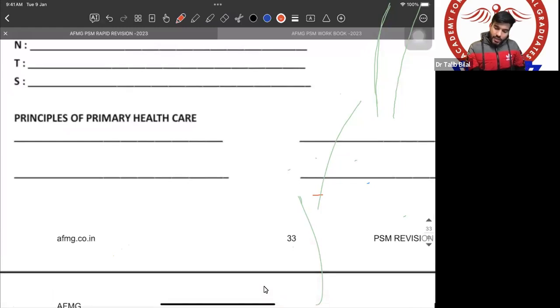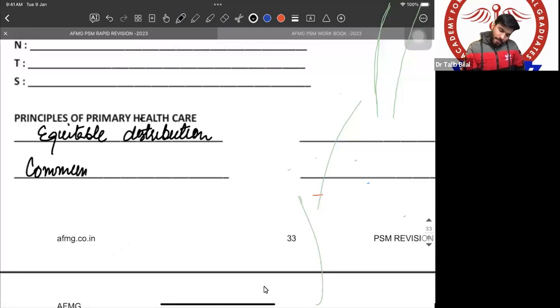The first is equitable distribution. Second is community participation.